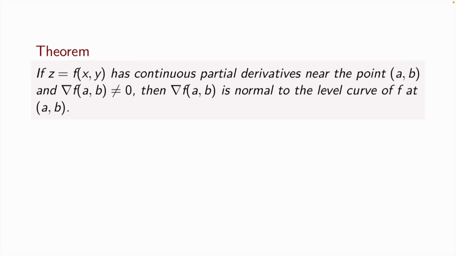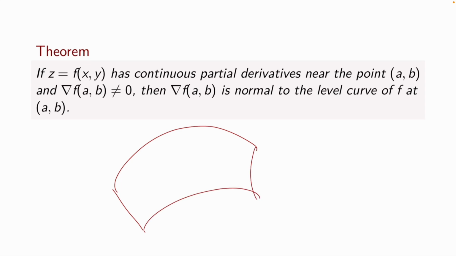So we have also that this very important vector, the gradient of the function, if it's not 0, is always going to be perpendicular to the level curve.